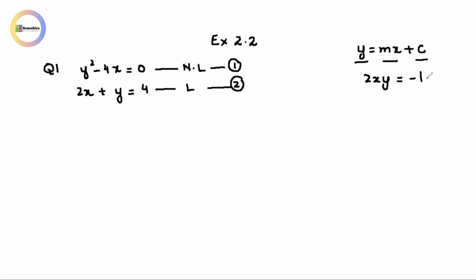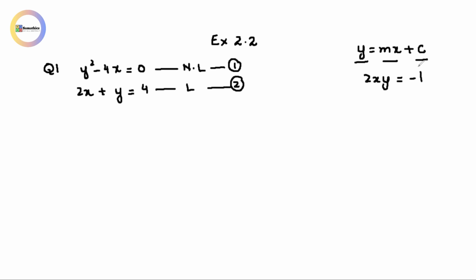So this equation is non-linear equation because it is 2xy. In one term there are 2 variables x and y. But in linear equation, x and y must be in two separate terms, and terms are separated by plus or minus sign, not by multiplication.